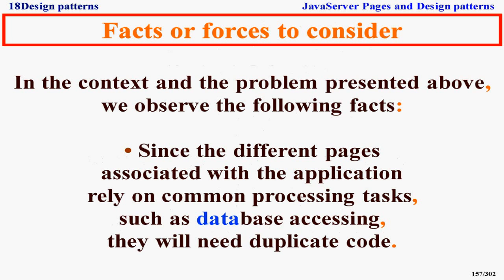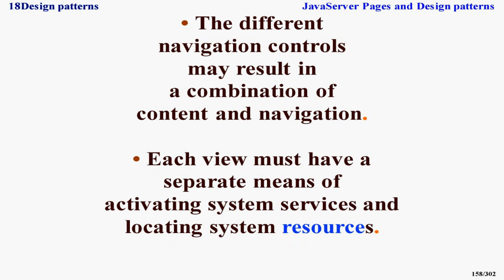Facts or forces to consider. In the context and the problem presented above, we observe the following facts. Since the different pages associated with the application rely on common processing tasks, such as database accessing, they will need duplicate code. The different navigation controls may result in a combination of content and navigation. Each view must have a separate means of activating system services and locating system resources. Solution.